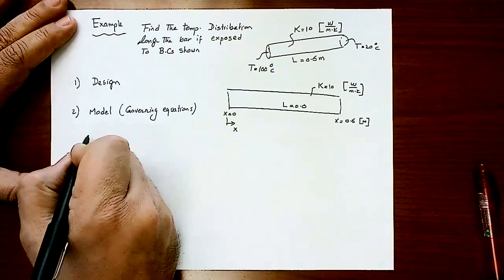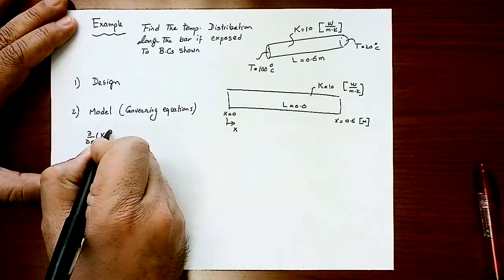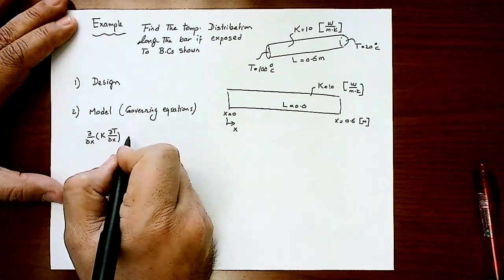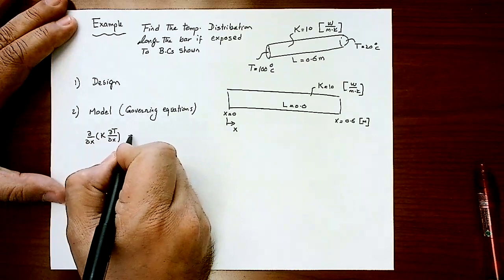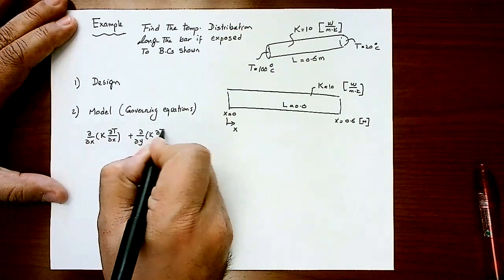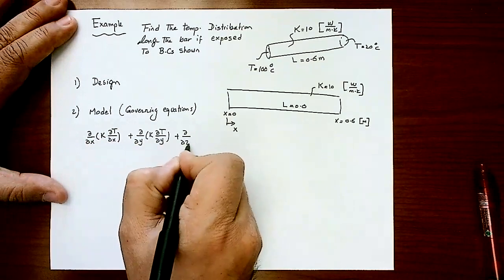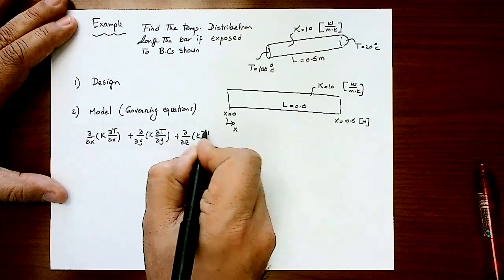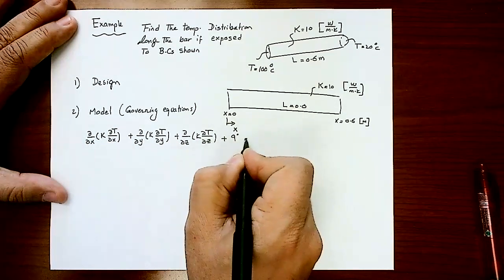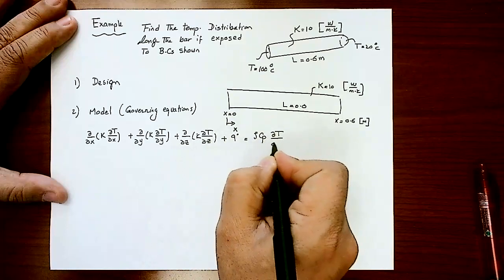That heat equation is partial by partial x, k, partial T by partial x, plus partial by partial y, k, partial T by partial y, plus partial by partial z, k, partial T by partial z, plus q dot is equal to rho cp partial T by partial time t.